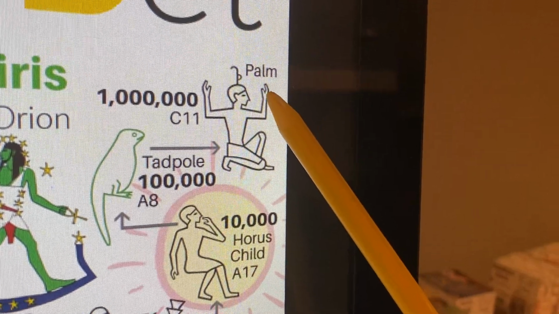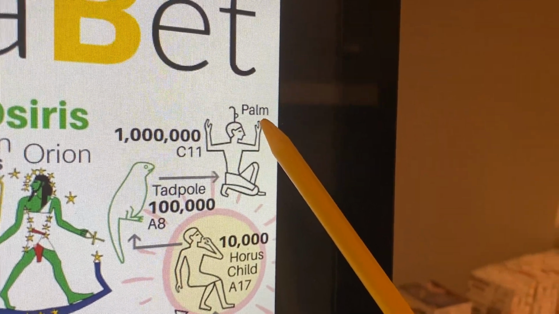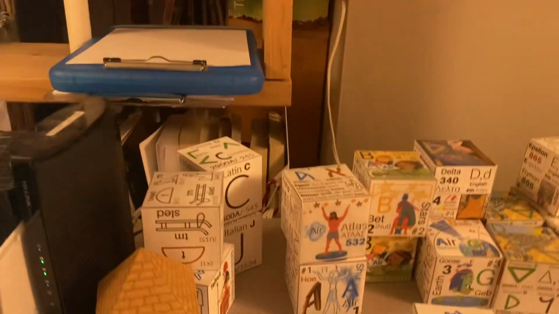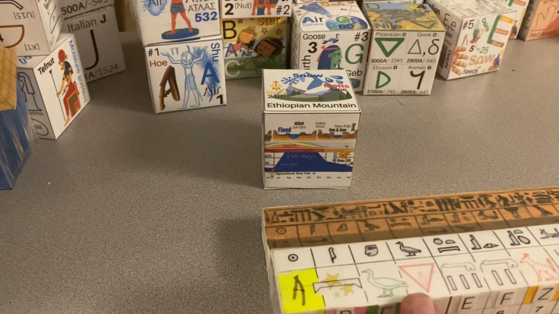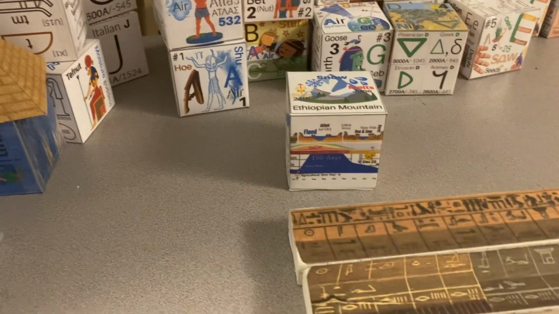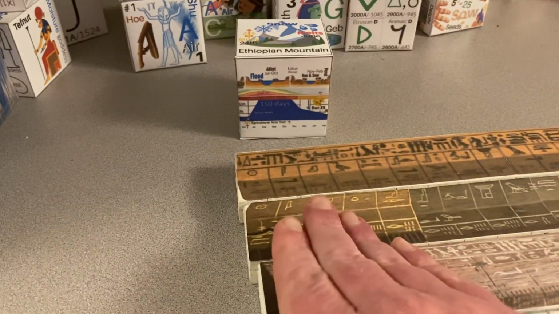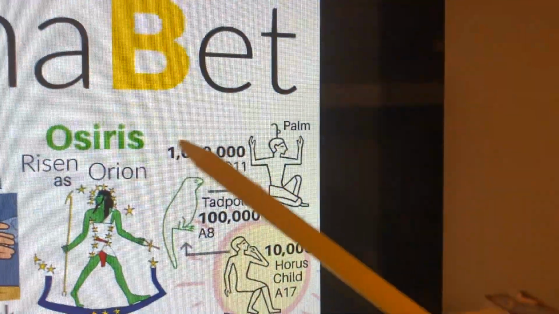So supposedly the palm has to do with one palm being 4 digits. And this is what one palm is. So that means you're starting the calculations over again. Or if you look at these other cubit rulers, one palm. So it's kind of like the year starts over again.